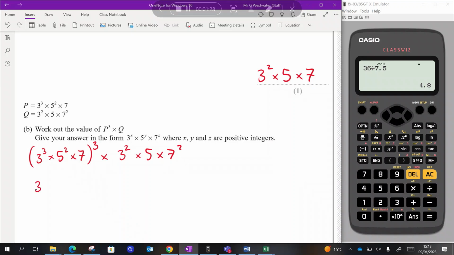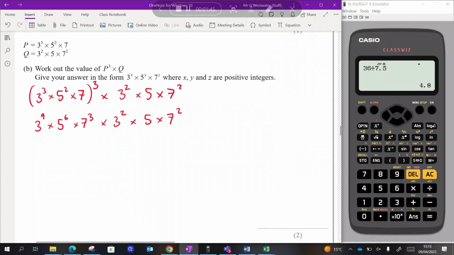So 3 cubed becomes 3 to the 9, 5 squared becomes 5 to the 6, and 7 to the 1 becomes 7 cubed. And now we would add the powers together. So this gives us 3 to the power of 11, 5 to the 6 times 5, that's going to be 5 to the power of 7, and 7 cubed times 7 squared, 3 add 2 is 5, so times 7 to the power of 5.